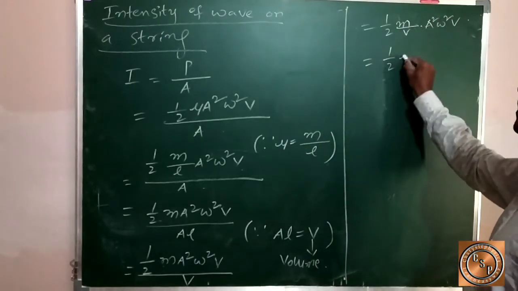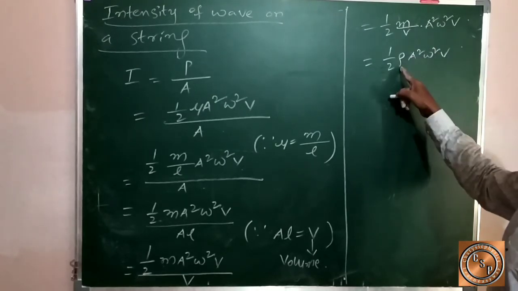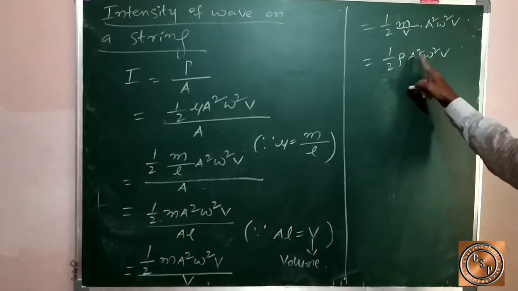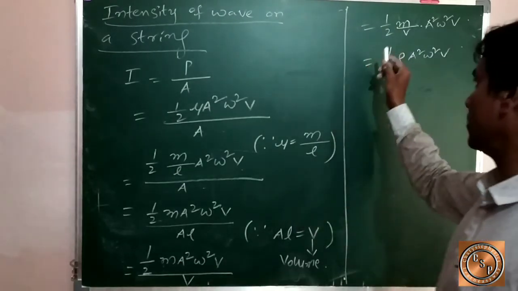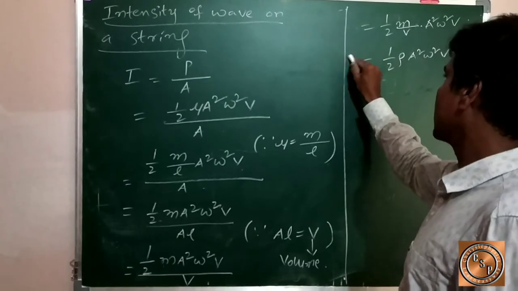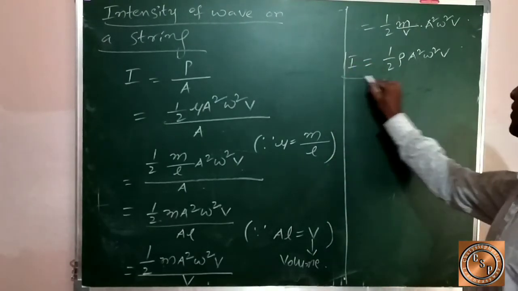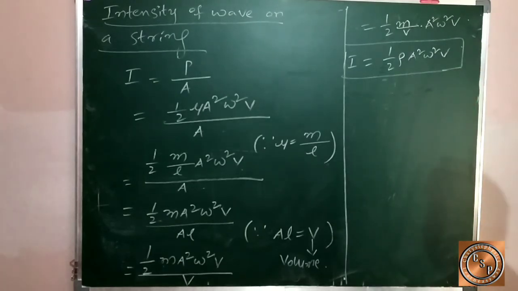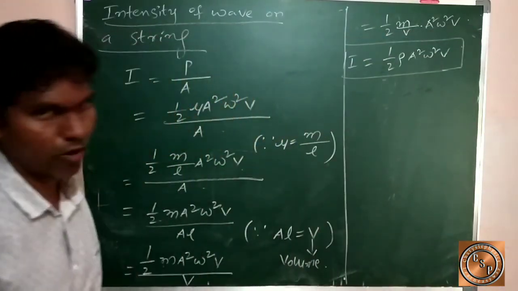That is half into rho a square omega square v, where rho is the density, a is the amplitude, omega is angular velocity, v is velocity of the wave. So finally the intensity of wave on a string is I equal to 1 by 2 rho a square omega square v. So this is the equation for intensity of wave on a string.